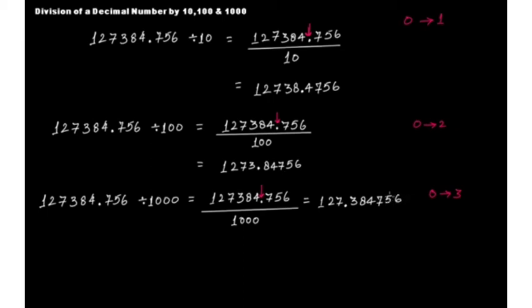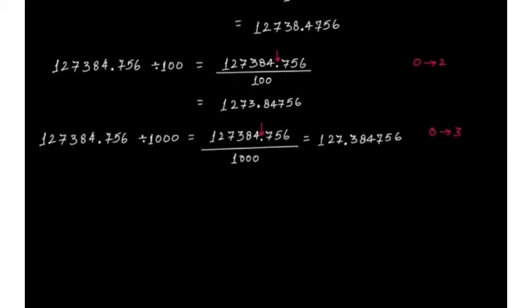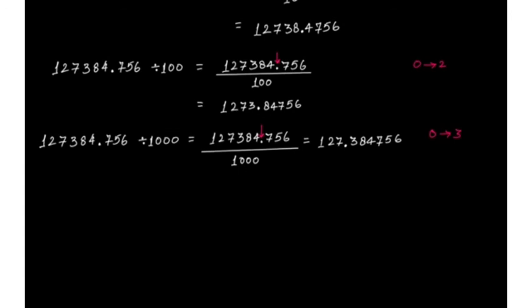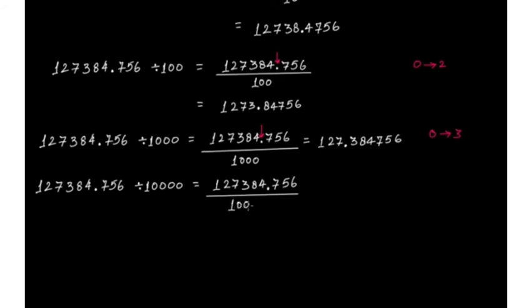Now, I'm moving it down here. Control-C and Control-V, we have this one. In this case, you have to divide by 10,000. It means 1, 2, 7, 3, 8, 4, decimal point, 7, 5 and 6, divided by 1, 2, 3 and 4.